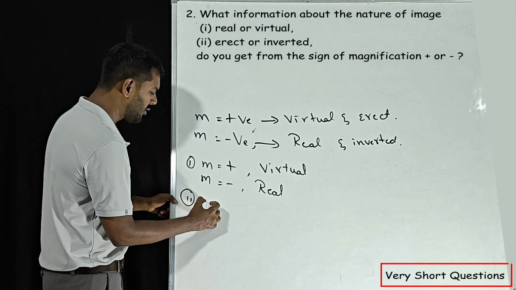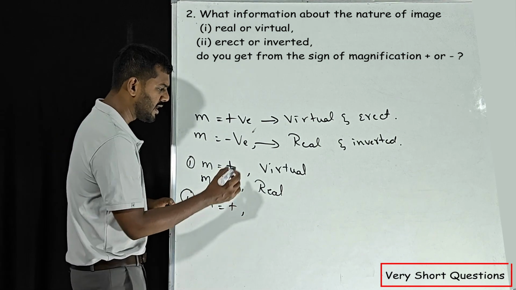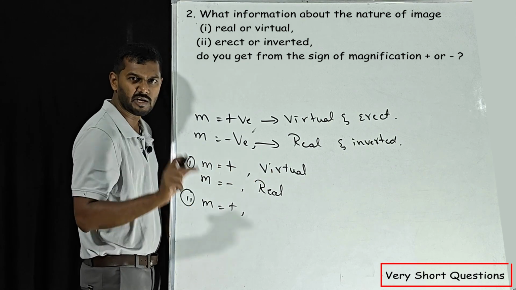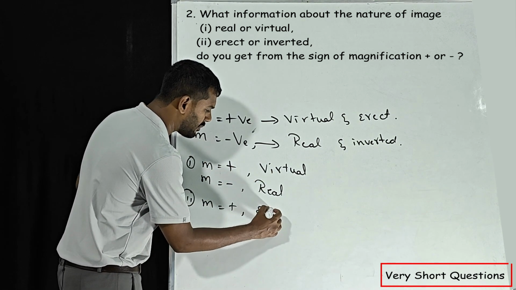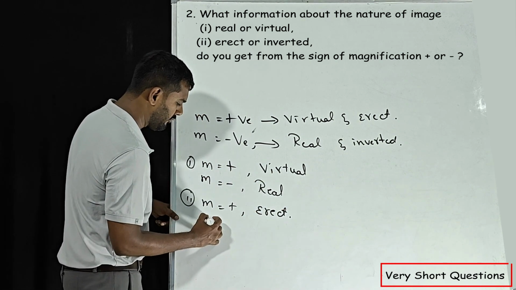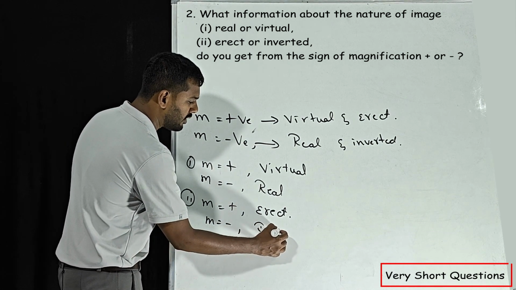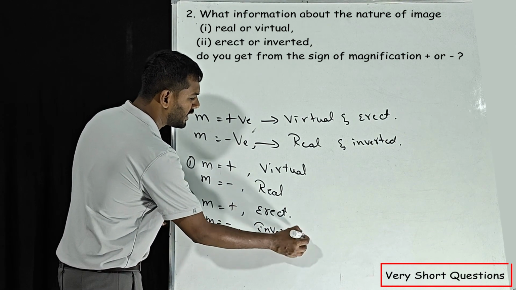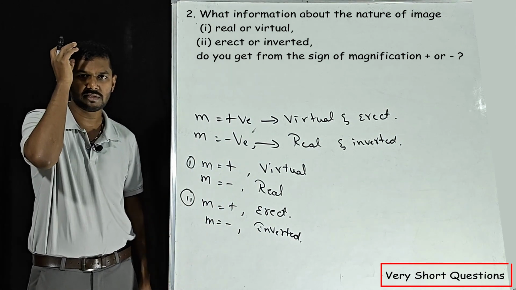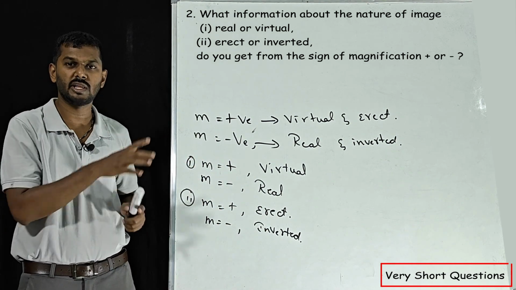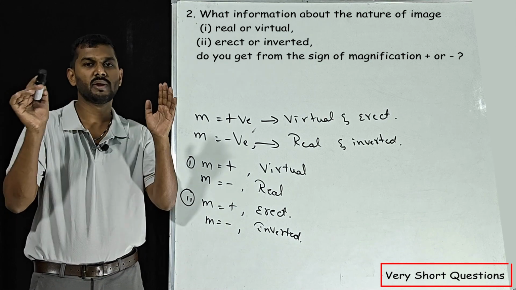Second one, if the magnification is plus, we know it will be virtual. If it is virtual, it is always an erect image. If the magnification is negative, then it is always inverted, because if it is negative, it is always a real image. Real images are always inverted. This much knowledge you should know. These things will definitely help you in numericals also.